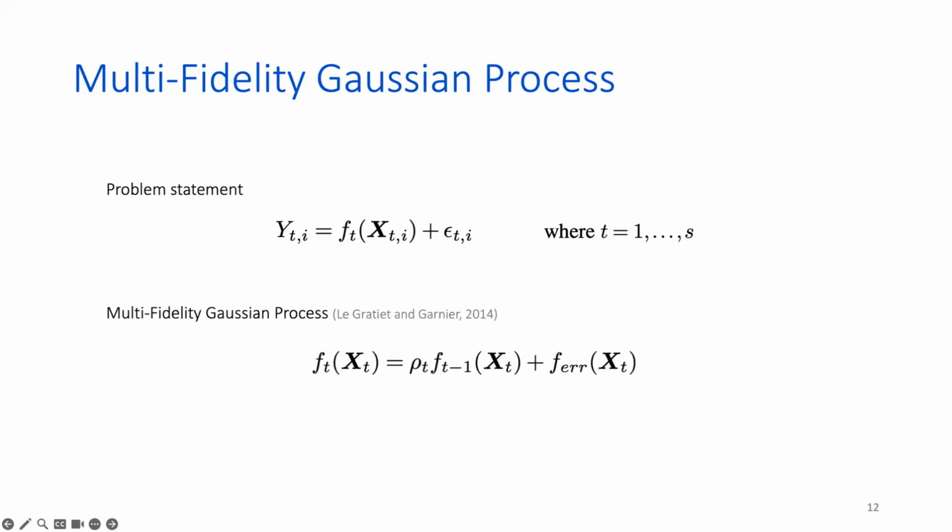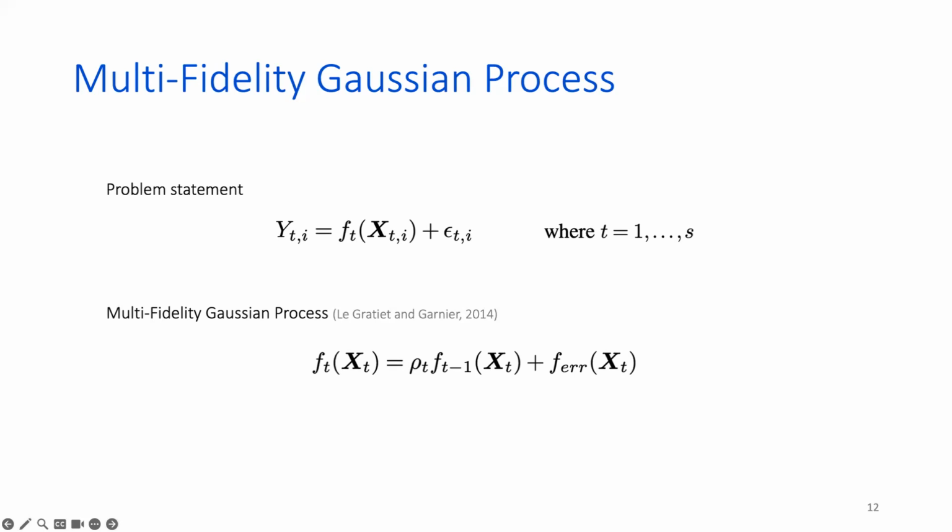So f_t is basically the sum of two terms: a function f_{t-1}, which was fit on the data at the previous fidelity level, and a function f_error, which models the bias between the two fidelity levels. Both f_t and f_error are also Gaussian processes, and because of the additive properties of normal distributions, the sum of two Gaussian processes is also a Gaussian process.